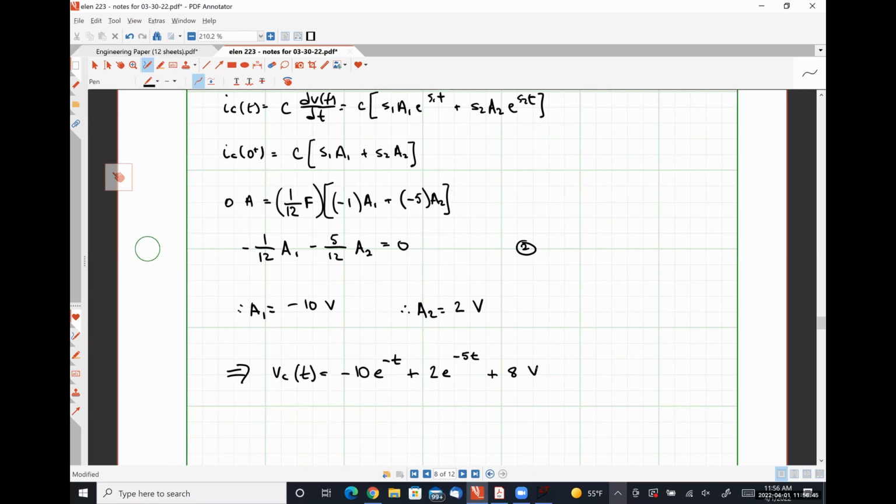Our resistor current then is simply VC of T over 2 ohms, or -5 e to the -t plus e to the -5t plus 4 amps. And we will simulate these results to make sure that we did our analysis correctly, and then we'll call it a day.